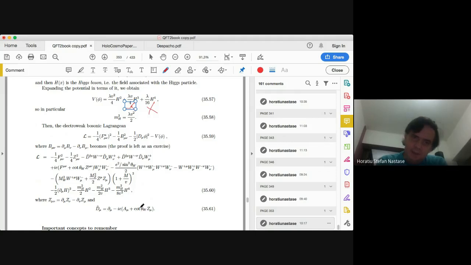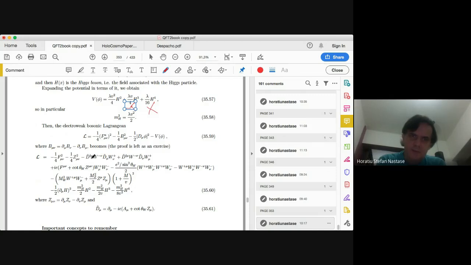So this also contains a coupling to the Z of the W particle to the Z. And yeah, here is the other one.